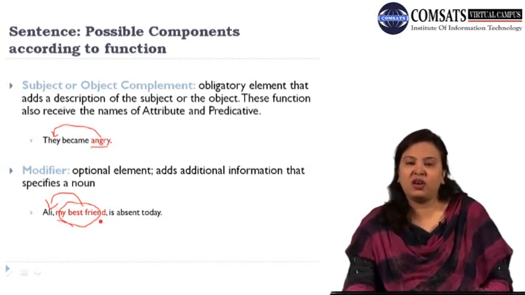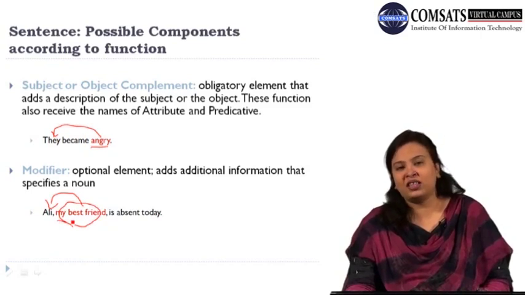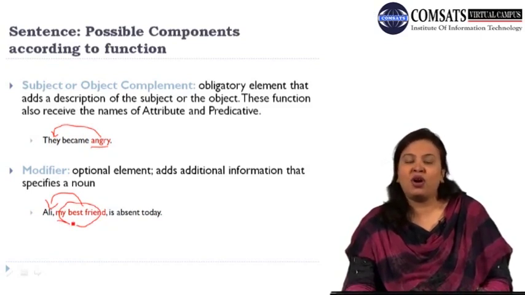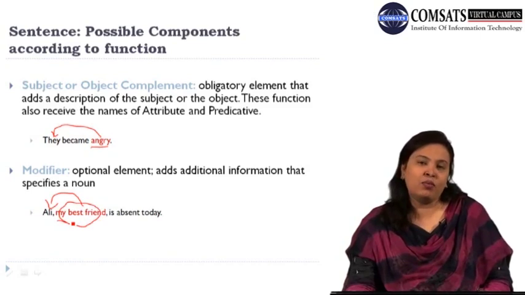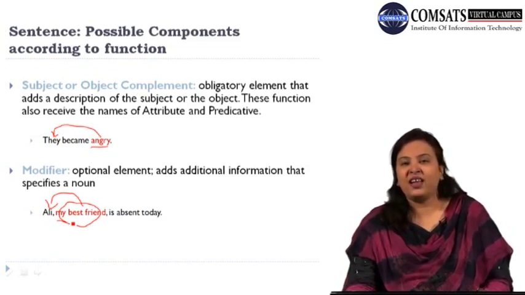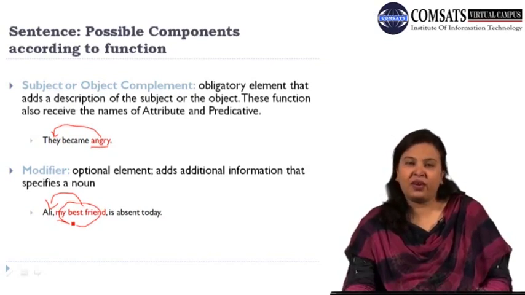So this kind of additional information is known as the modifier, because it modifies the information about the noun, about the subject. Another example I can give you, telling some people outside my country: Quaid-e-Azam, the founder of Pakistan, is my favorite leader.